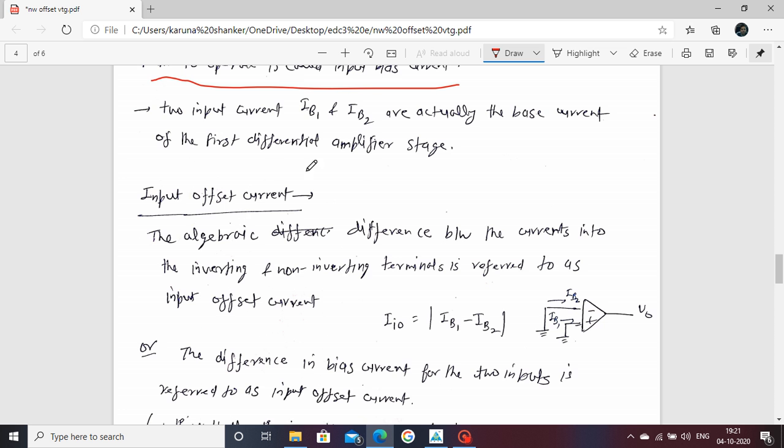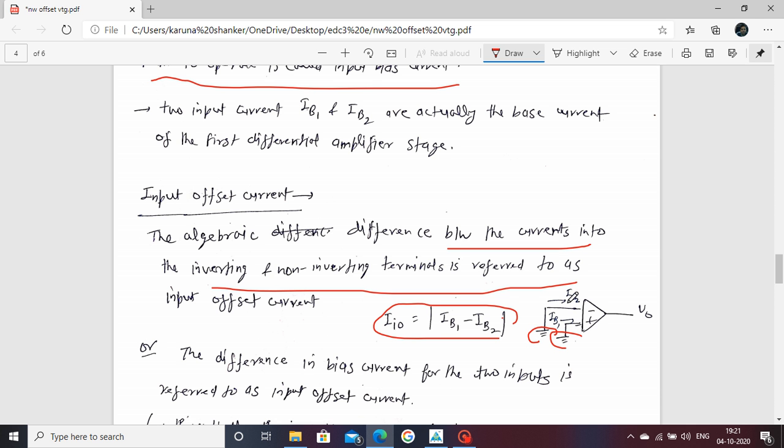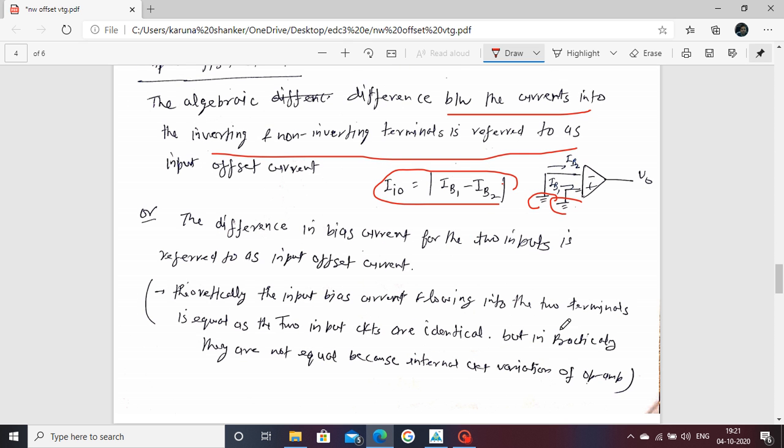Next, also see the input offset current. The algebraic difference between the currents into the inverting and non-inverting terminals is referred to as input offset current. This is the algebraic difference IB1 minus IB2. It means that without any input applied, there is current flowing into the terminals of the op-amp due to mismatching of the transistors.